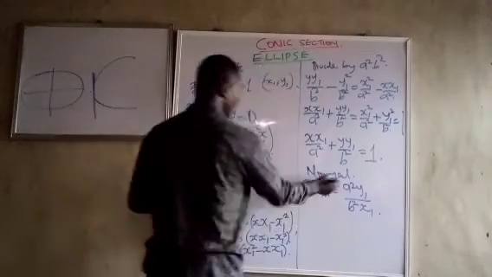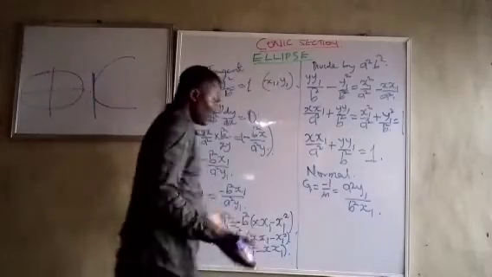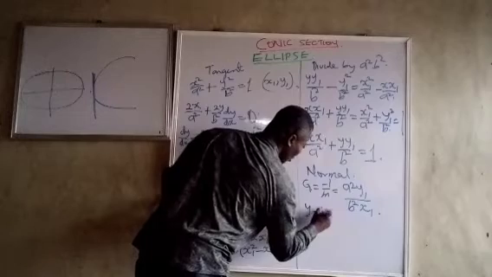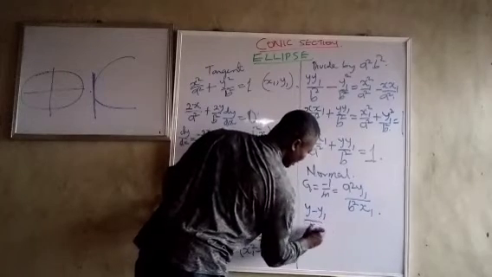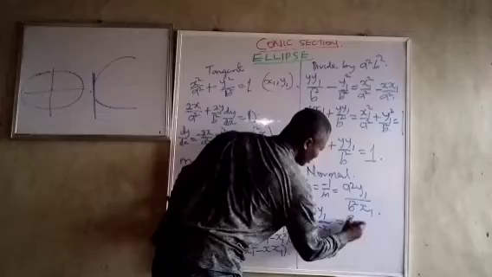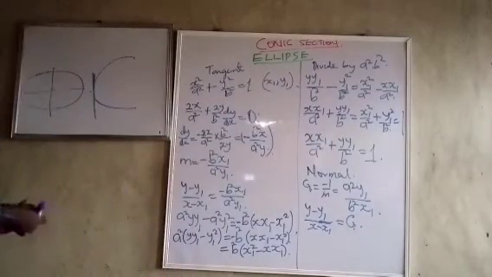That is the gradient of the normal. So, what do you do when you want to find the equation? You just say y minus y1 over x minus x1 is equal to g, and that is your g. So you substitute and you get your answer straight.